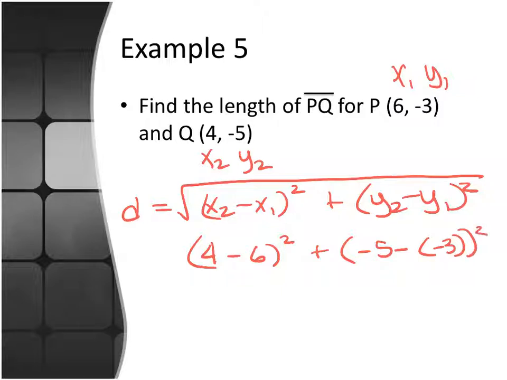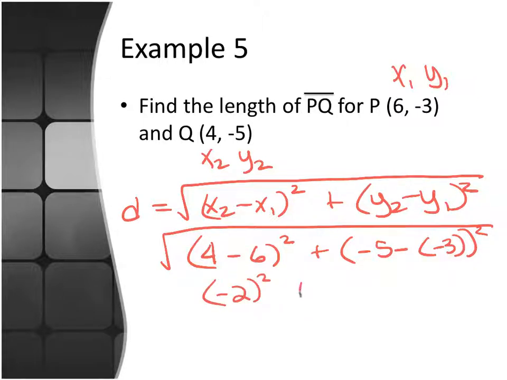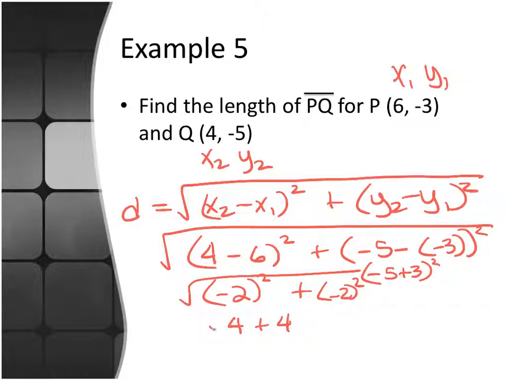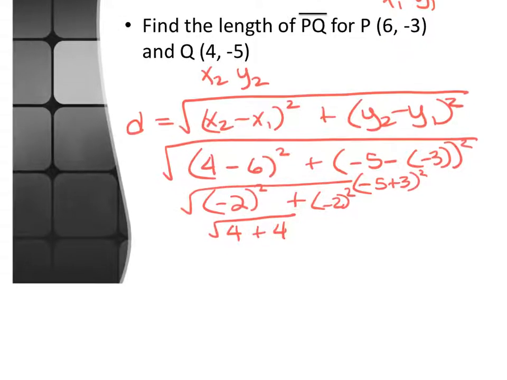Be very careful with your signs. So here, 4 minus 6 gives me -2 squared. This becomes -5 plus 3, which then becomes -2 squared. -2 squared is 4. I will add them, and I get 8.